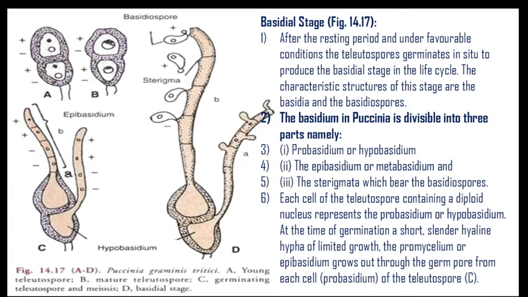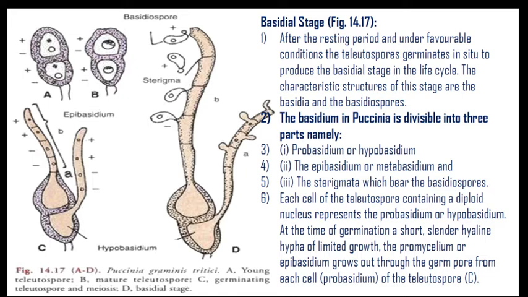After the completion of the telial stage, there is a starting of the basidial stage. The basidial stage is nothing but a favorable condition for the Teleuto spore germination. So within a basidial stage, there is a germination of Teleuto spores, and at that time there is a production of the basidial stage in the life cycle of a Puccinia.